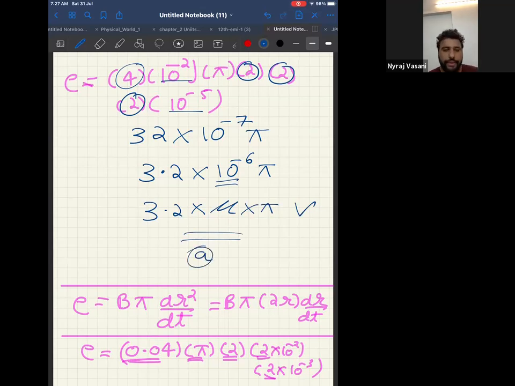Everyone check whether you're getting the same answer. So try it once on your own. I have done many steps. You can simplify it. You can cut many steps and you can get the answer.